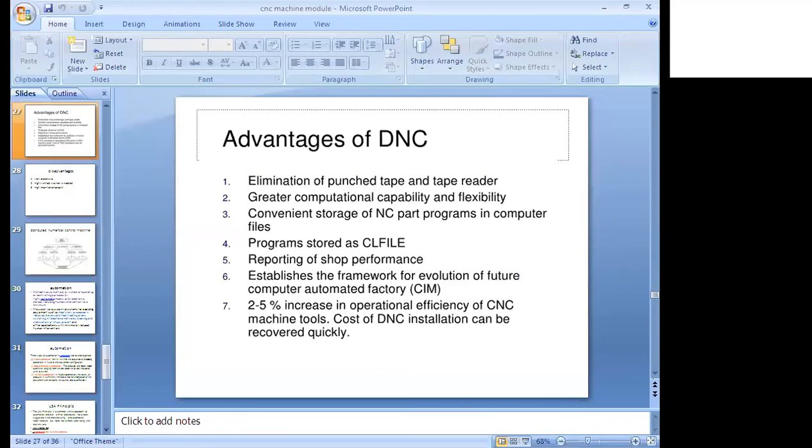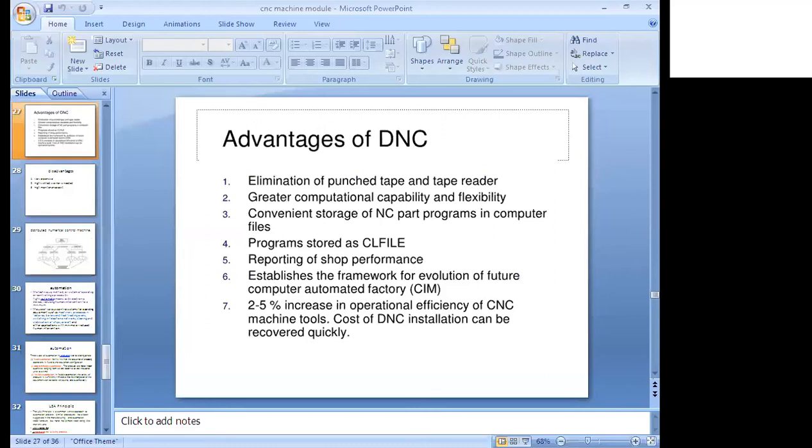So the first point is elimination of punch tape and tape readers. In DNC, punch tape and tape readers are not used, whereas we use them in the NC machine. So the first advantage is that there is no need to use punch tape and tape reader. Directly, you have a computer with space to store the program and run the program.